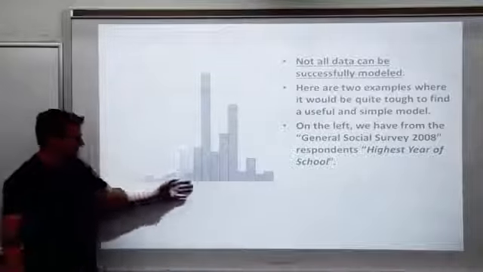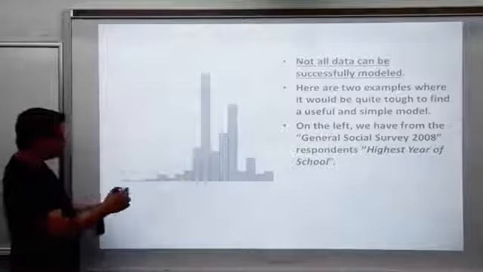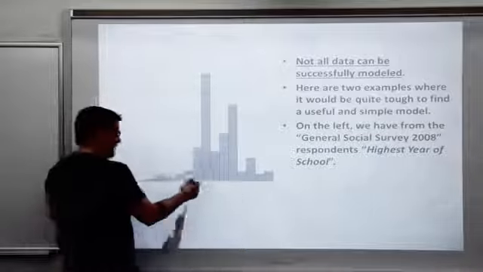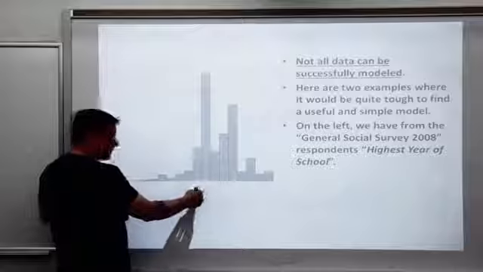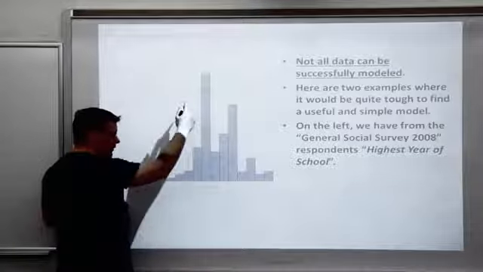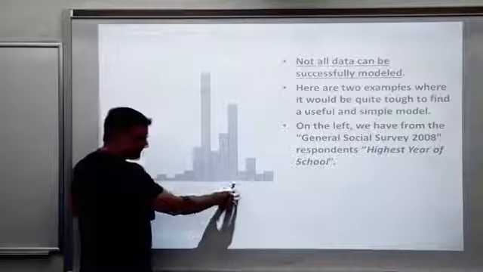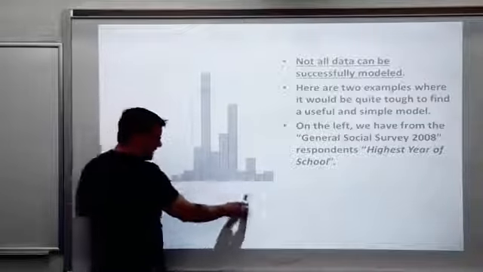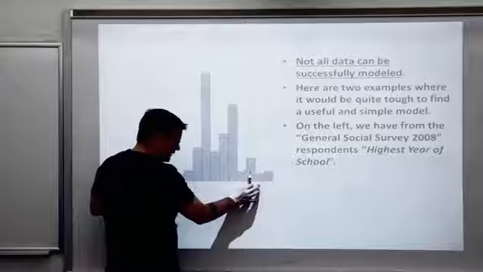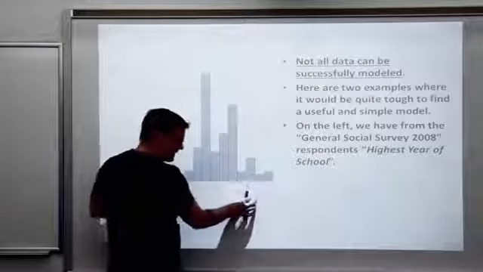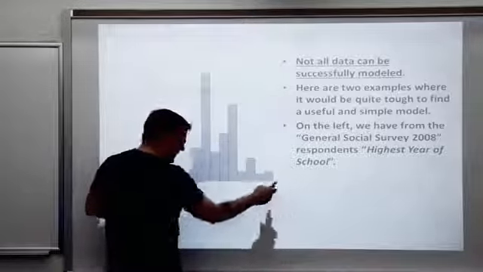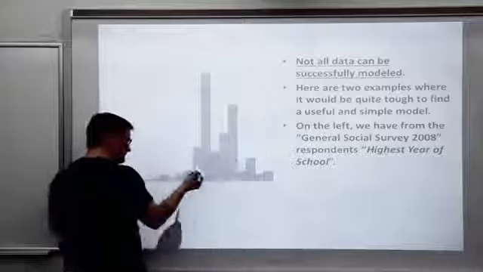And if you look at this, you can see the picture in your notes. I have a big pileup of data right around 12 years of school. Those are the people that finished high school. I have another pileup right around 16 years. That's probably bachelor's degree. I have another little pileup here around 18. Sounds like a master's. Even a little pileup down for the PhDs, but they're dwindling.